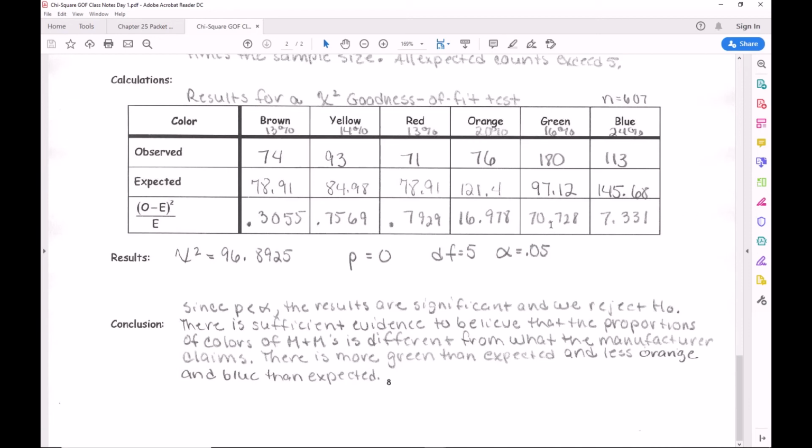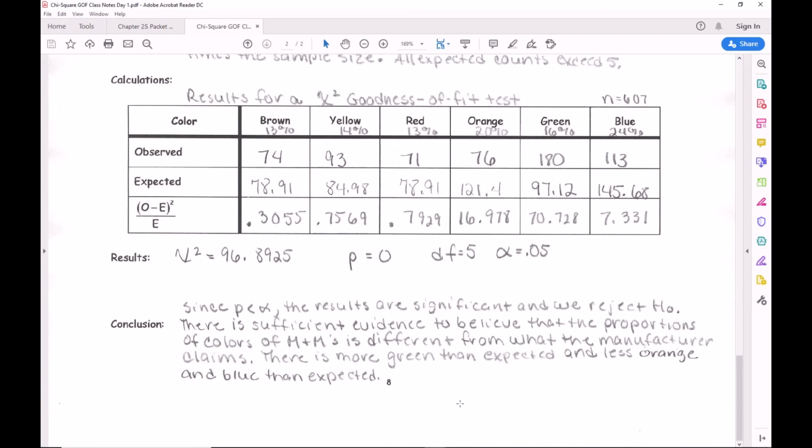The biggest is green. If you look close, there's way more than expected. And if you look at your blue and your orange, there actually is less than expected. So I said that. So you ought to comment on the top 2 or 3. I said there is more green than expected and less orange and blue than expected.